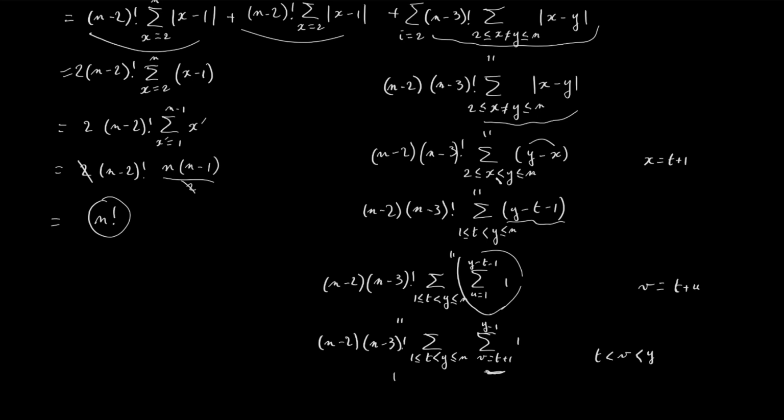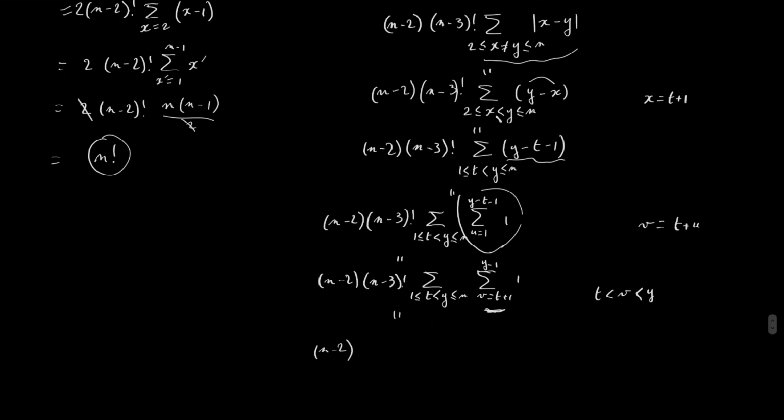So we can rewrite this sum as n minus 2, n minus 3 factorial, sum for t that is greater or equal to 1, and v that is strictly greater than t, but also strictly lower than y, and y that is lower or equal to n, of 1.